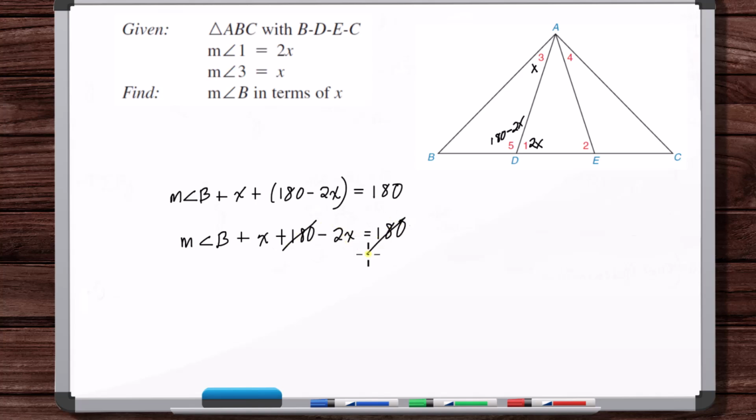Subtract 180 from both sides. x minus 2x is minus x. So the measure of angle B is equal to x.